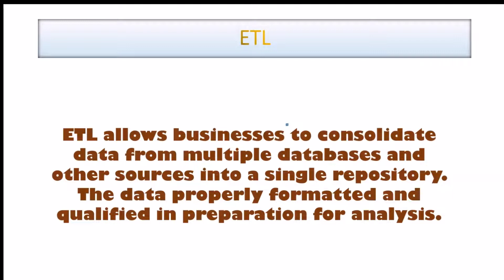Once it is identified, then that data will be properly formatted and qualified. Qualified means the data should be of high quality. Then only the analysis process and the report process are reliable. So these are all the things made sure by the business while doing the ETL process.